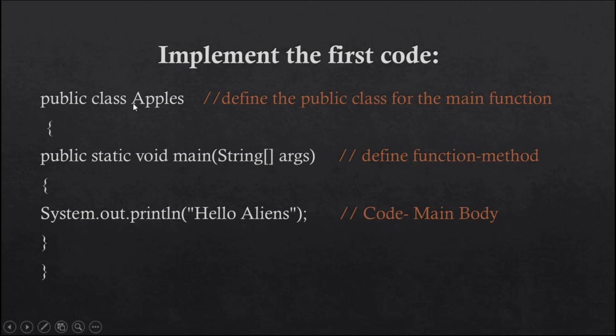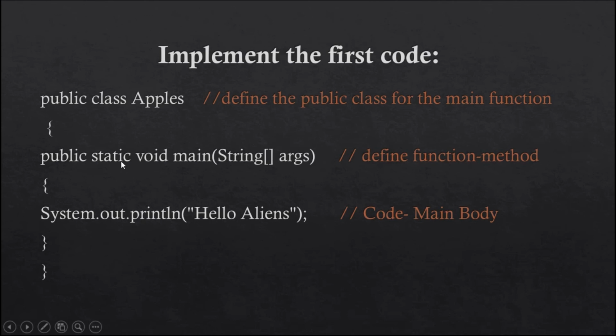You will understand in later videos why exactly we are doing this. If you have some basic understanding of functions, you know that when we define a function, this is your main function. We open the brackets and define the function in the Apples class.